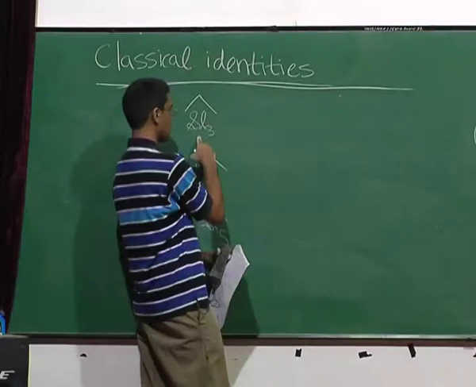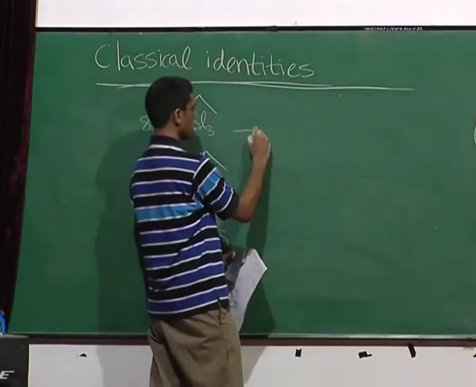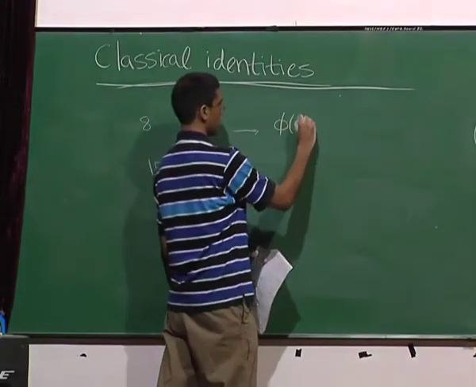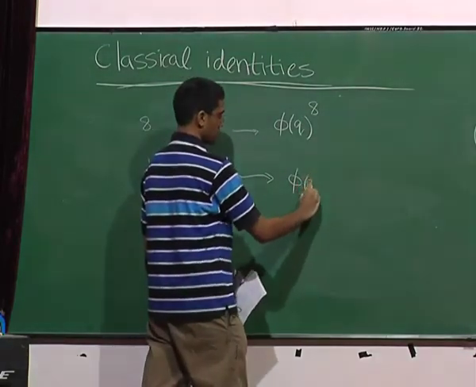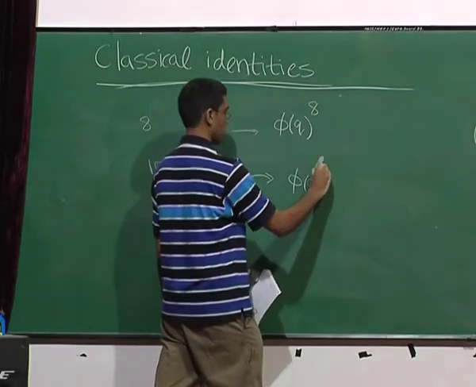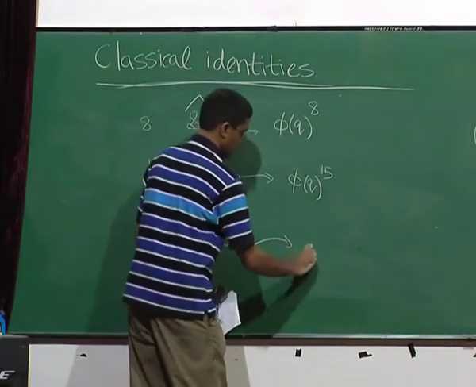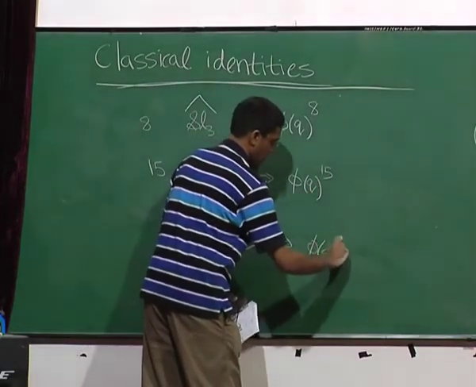Now, when you try to do this with SL3, what it ends up giving you is an identity for the 8th power of the Euler phi function. This gives you an identity for the 15th power of the Euler phi function. This gives you an identity for the 24th power of the Euler phi function.